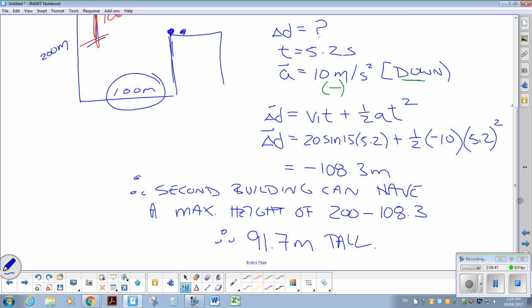All right, so that gives you that height. So that means in order for the mail to land up there, the building can't be over 91.7, or the mail is going to hit the face of the building. So we have to make sure it doesn't extend beyond that.